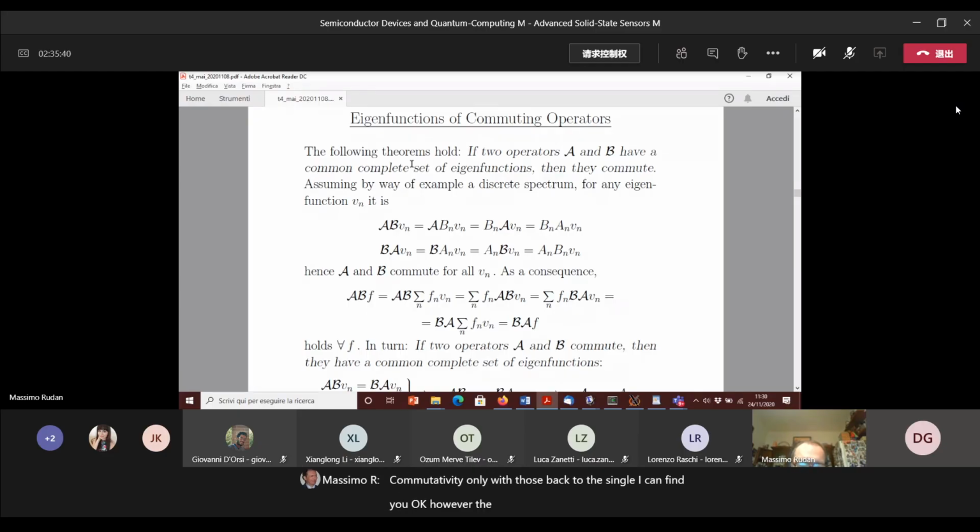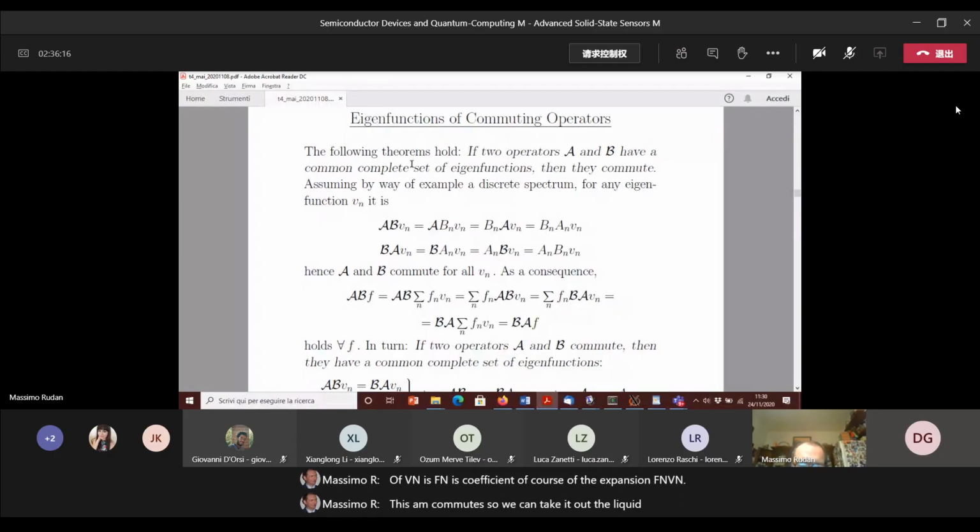However, the set of eigenfunctions is complete. So we can take any function f now. We calculate ABf. Thanks to the completeness of the Vn, we can expand f into the Vn. So AB applies onto the sum of fn Vn, where fn is the coefficient of the expansion. The sum commutes, so we can take it out.